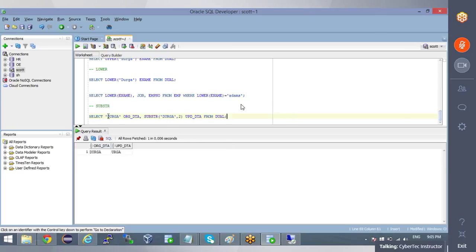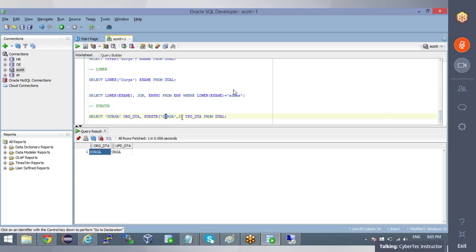Now here you see, Durga is my original data. But when I used the substring, with the substring I'm saying to pull the characters from the string starting with the second position. D stands in the first position, U stands in the second position.